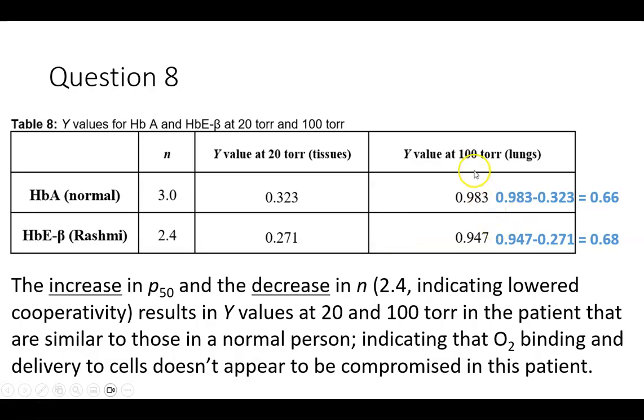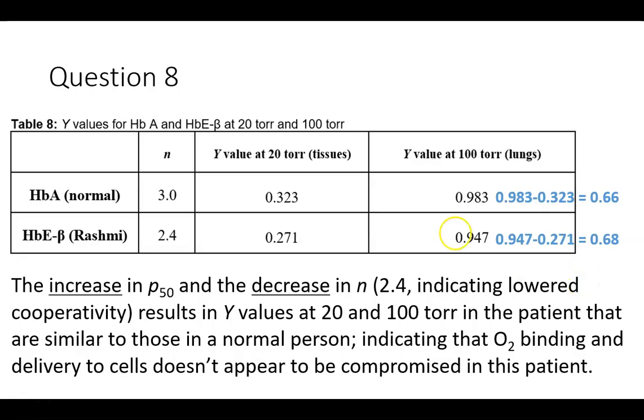But if you look at delivery, how much oxygen is bound to these hemoglobins in the lungs and then how much is bound in the tissues, the difference is what's delivered, as we did in recitation and in class with our Memory case study. So if we look at these values, either Rashmi is a little bit better, or they're actually about the same. But the point is, she doesn't have a problem with oxygen delivery.